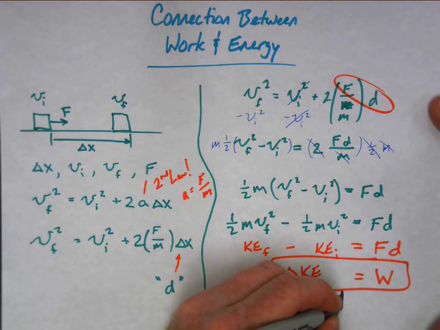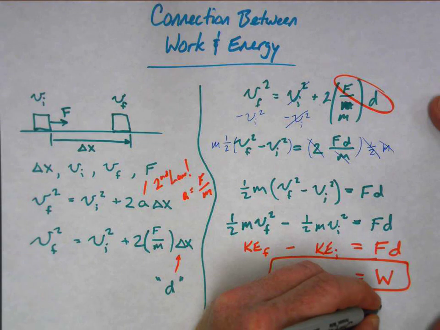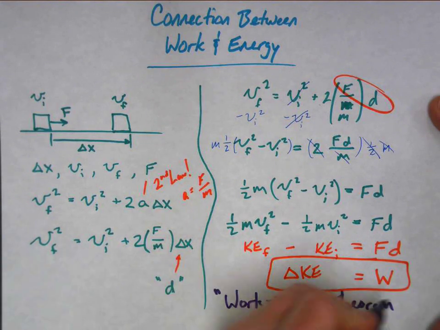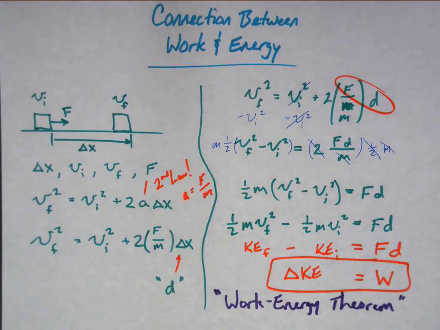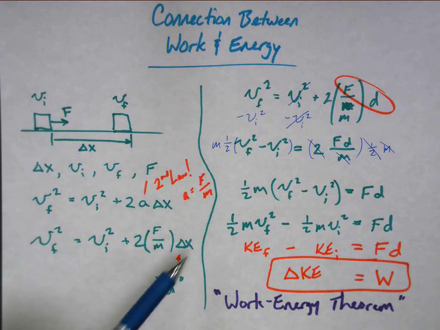It's a mathematical relationship between the amount of work done and the change in the kinetic energy of the object that's having work done to it. Okay, so a fair bit of math. You certainly don't have to memorize how the math was done, but I wanted to show you and help you follow along.